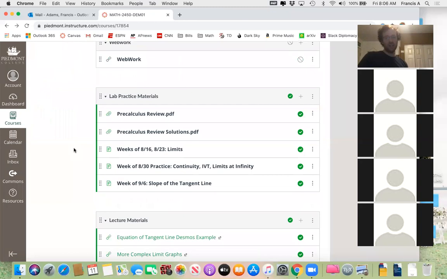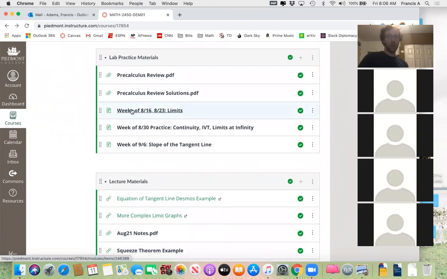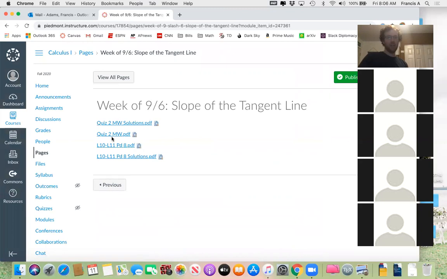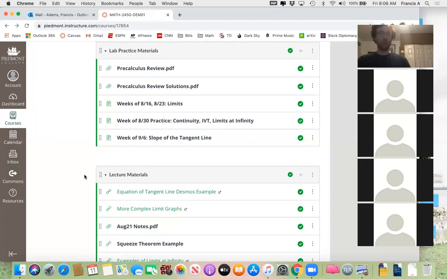And then as there always is, you can go back and look at the lab practice materials. For this week, there's a couple quizzes from other versions of the calculus courses that I've taught, where you have the quiz document and then the corresponding solution. So there's a lot of practice material up here that I encourage you to look at.